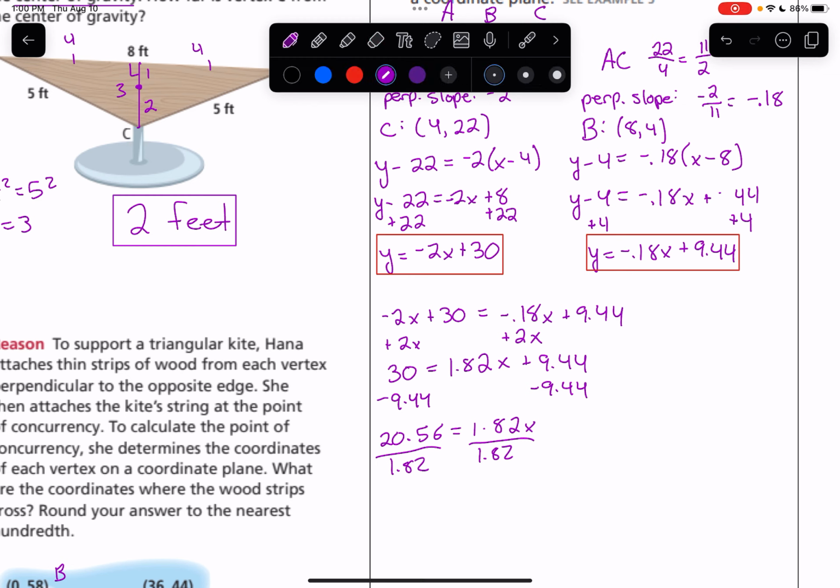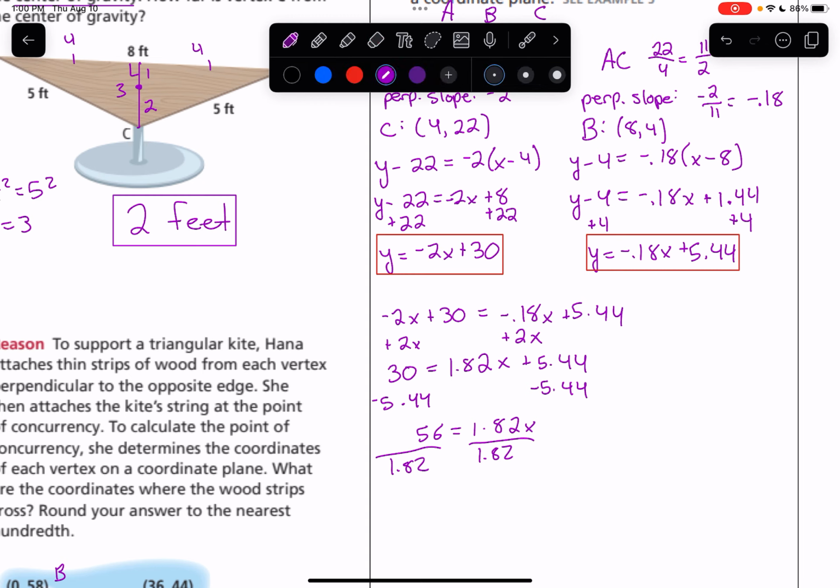This is 1.44 plus 4, which gives me 5.44, which makes this number not 9.44, but 5.44. And if I am taking 5.44 here, then I have to subtract 5.44 from both sides instead of 9.44. 30 minus 5.44 is actually 24.56.